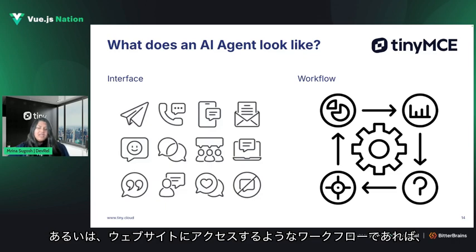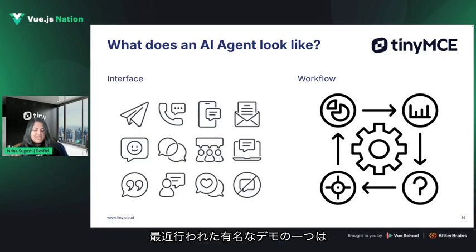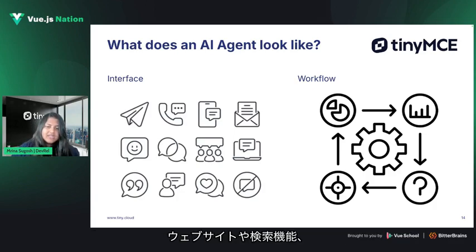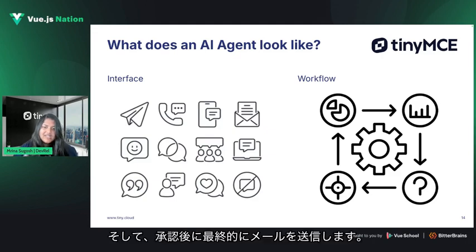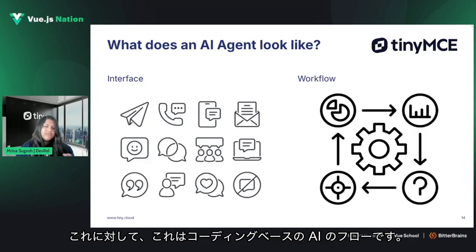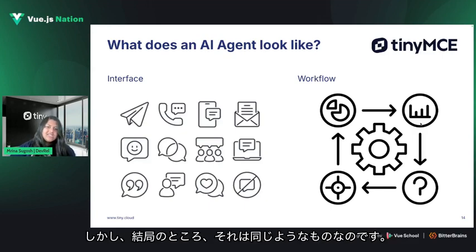Or if it's a workflow like accessing a website, one of the famous demos recently was ChatGPT's Operator giving a demo about clicking through a website and finding things, and ultimately sending an email at the end after approvals. That kind of agentic AI is workflow-based AI, versus this one, which is flow for coding-based AI. But at the end of the day, it's the same sort of thing.